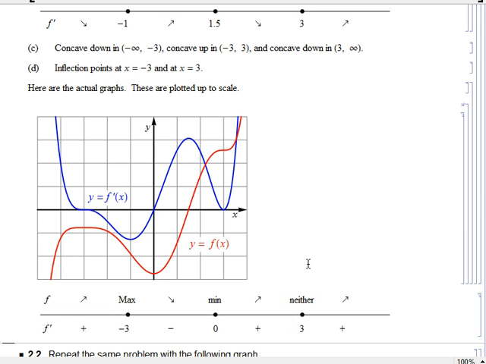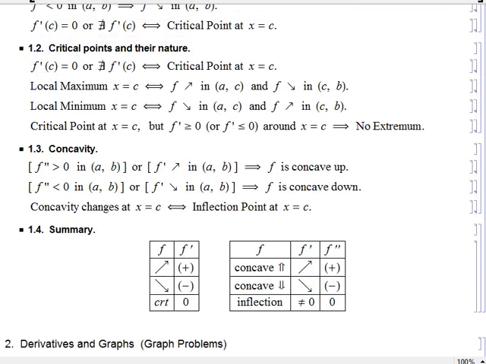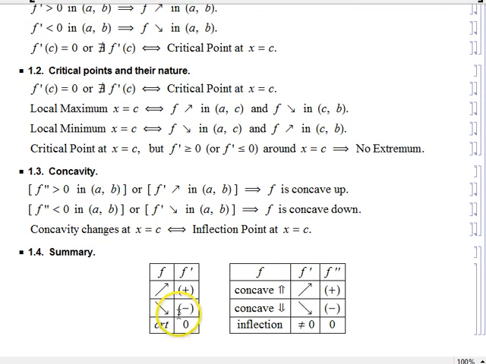So the diagram method: plus going up, minus coming down. A sign change from plus to minus gives you a local maximum, a sign change from minus to plus gives a local minimum, and no sign change, keep on increasing or sometimes keep on decreasing, those are going to be neither. The summary version can be found in this table here.